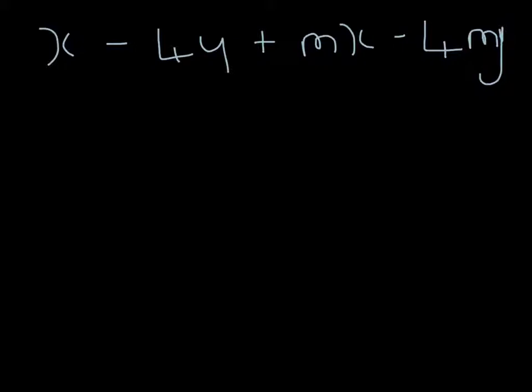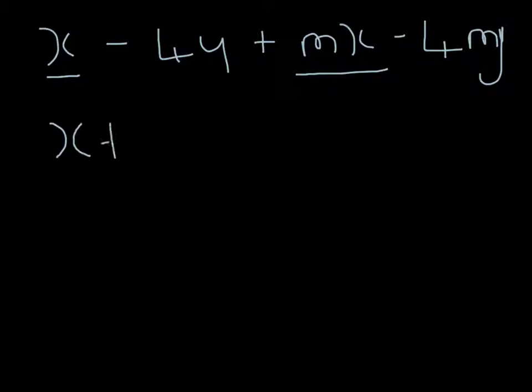I'm going to choose to rewrite this expression with the terms that I think will factorise nicely together. So I'm going to put together the x and the mx. There's really nothing else that I can put together with the x, so I don't have much choice in that. So let's start to rewrite it.